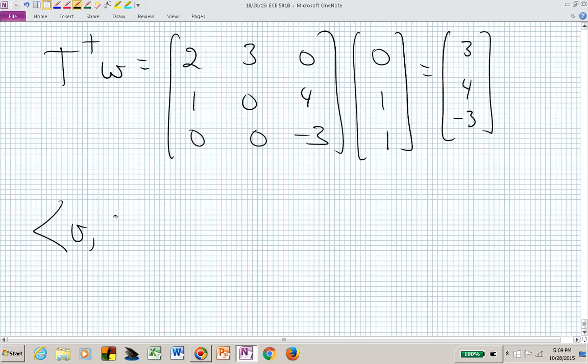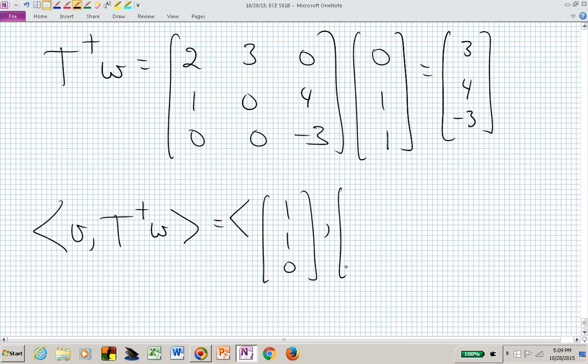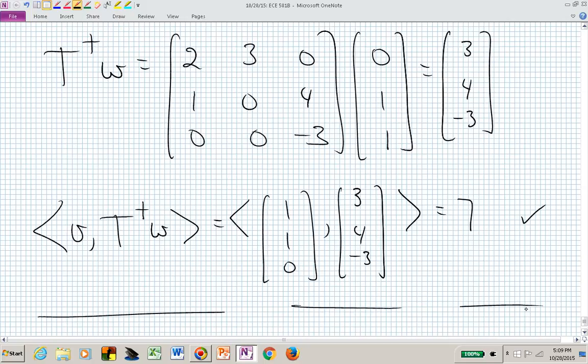If I now take the inner product of V with T dagger W, V was 1, 1, 0, T dagger W, 3, 4, minus 3, and I now have 3 plus 4 plus 0, or 7, and at least I have a little bit of a sanity check on my work, maybe, that way.